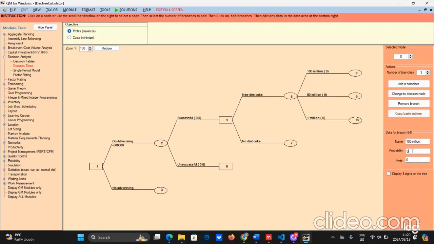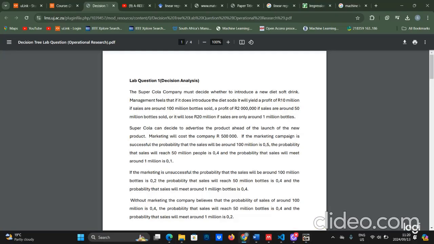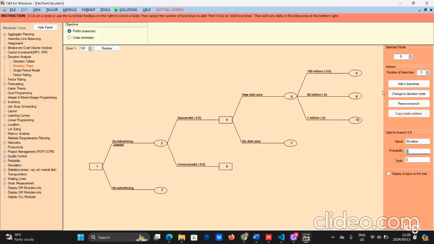So we come here and enter our probabilities as 0.5. And then here they said if marketing is successful, the probability that their sales will be 50 million is 0.4, right?